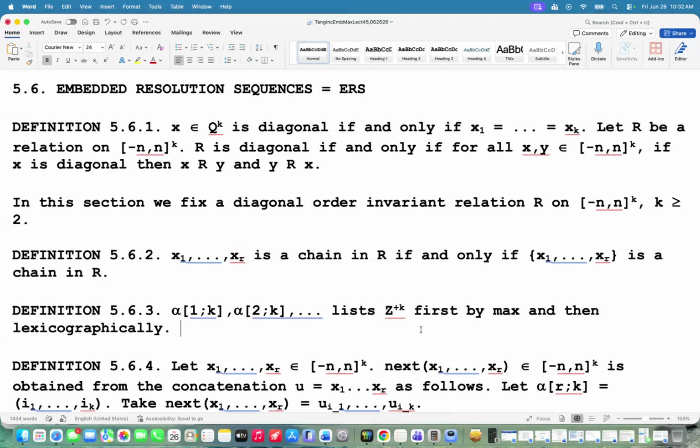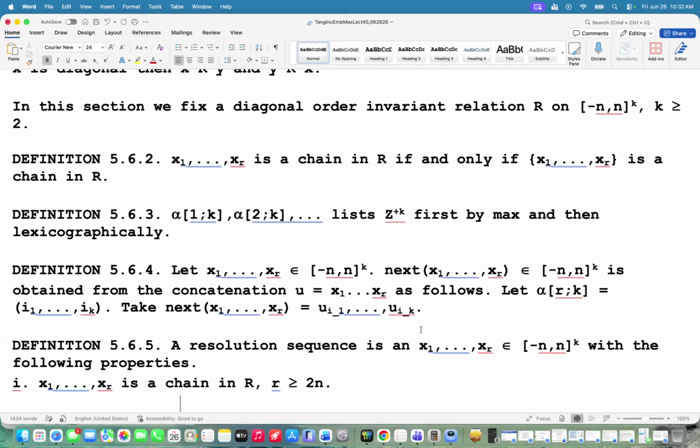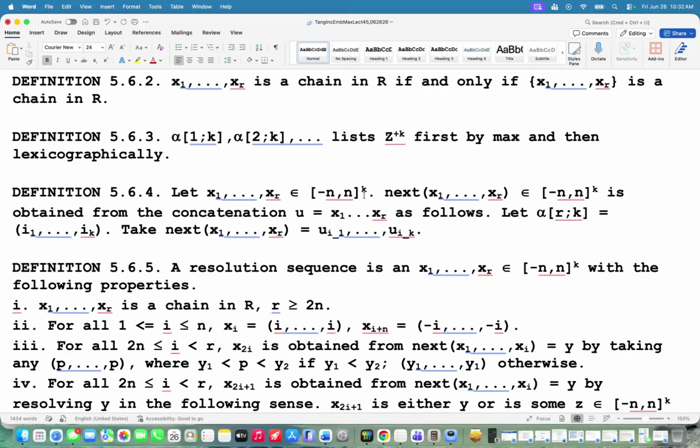And we're looking for this function called next. This one here. All right. So here's the key definition. If I have a long list of k-tuples, I want to define what I mean by the next one.